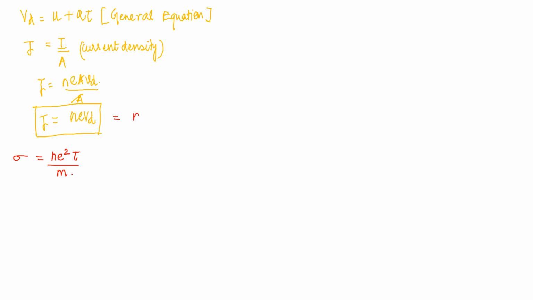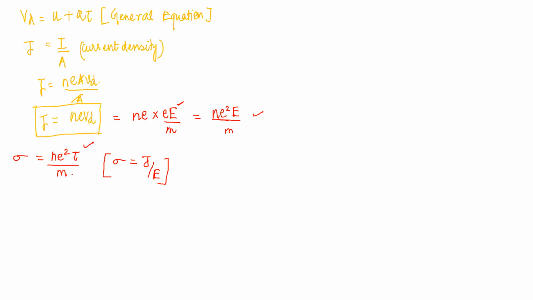Our Vd is E tau upon M times E, so it will give us a value of Ne square tau upon M. From this equation we have found the equation for the conductivity. What exactly is conductivity? Sigma equals to J upon E, so we have substituted this to get our value.